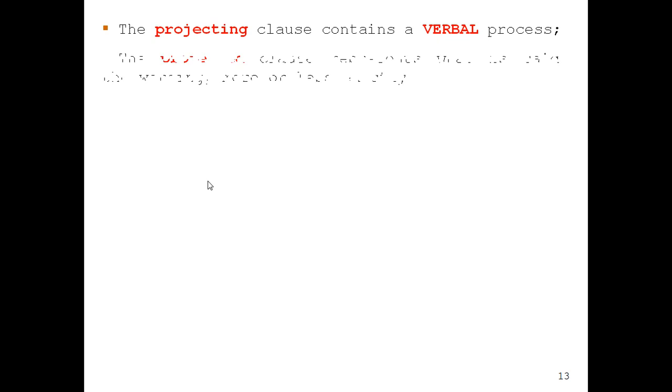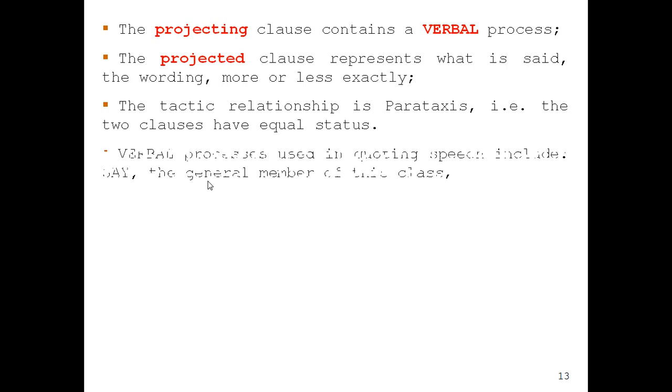All right? Okay. So, the projecting clause contains a verbal process, whereas the projected one represents what is said more or less exactly. If it's in inverted commas, we consider it to be more or less exact. Okay, the tactic relationship in this case, that's the relationship of dependency, is one of parataxis because the projected clause in inverted commas, as I said, can stand alone.